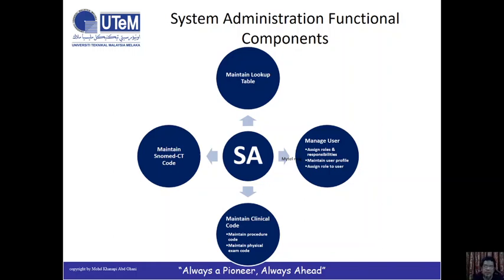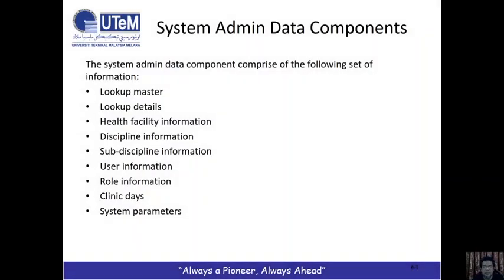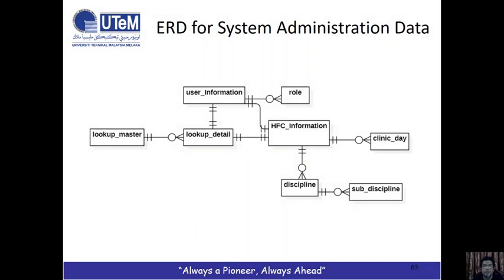So you need to have one function, they call it system administration. Same format like previous data, like clinical data. So you list all the entity and then you start to construct the ERD.